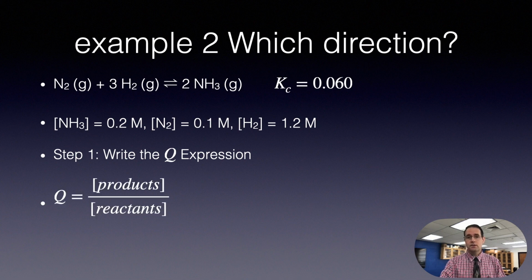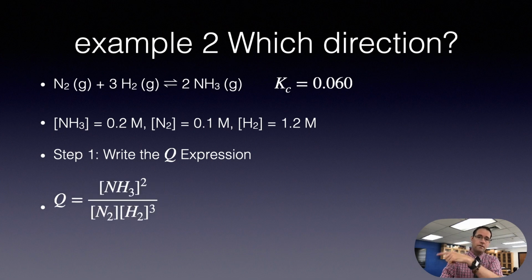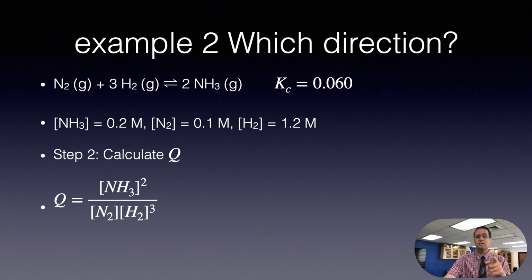Okay, it's products over reactants. So products are on the right, reactants are always on the left, and make sure you use the squared and cubed terms there for the ammonia and hydrogen respectively. And then we have the concentrations here. So just go ahead and plug them in to the appropriate spots. And like I said, again, please use your own calculator and follow along with this YouTube video, okay?